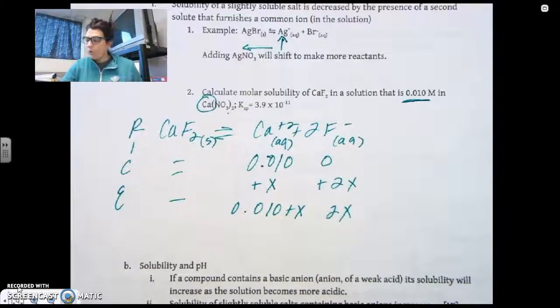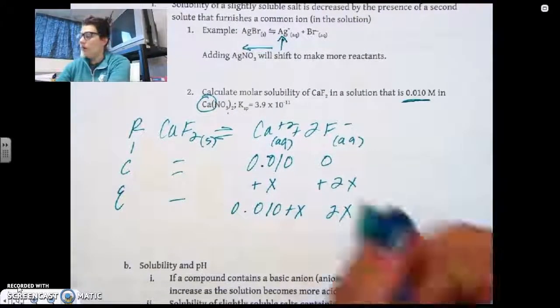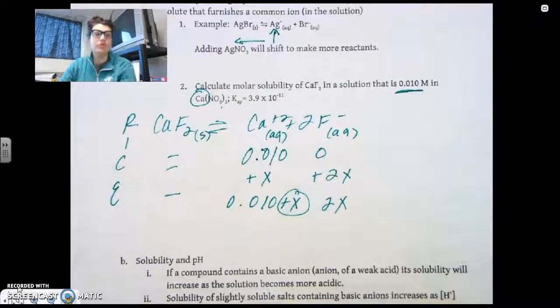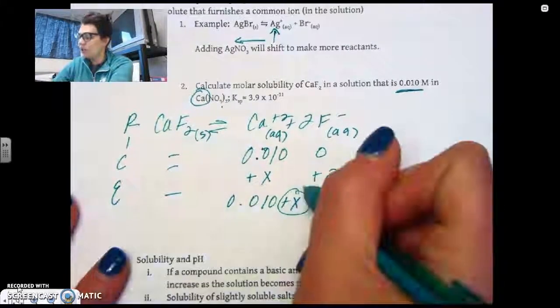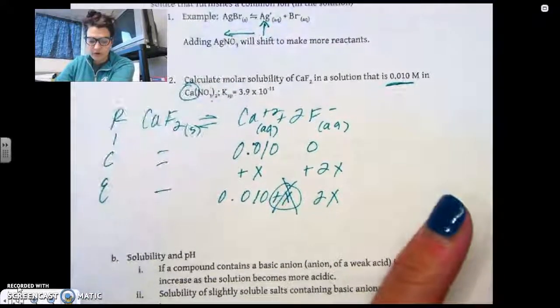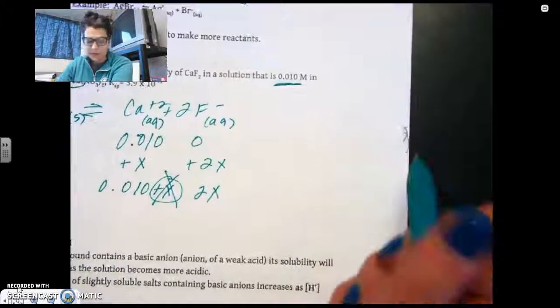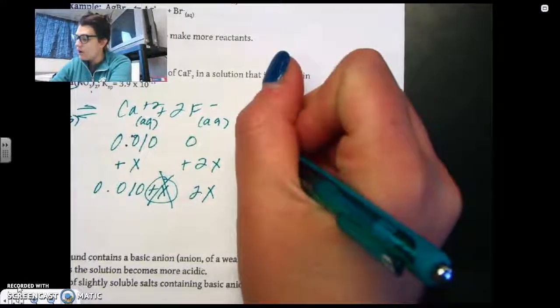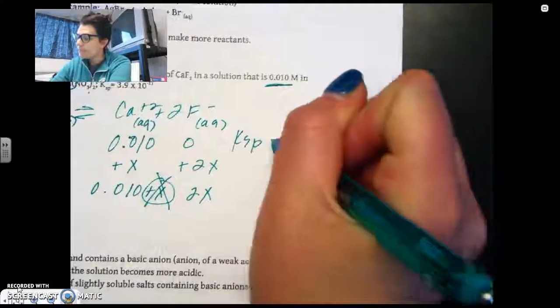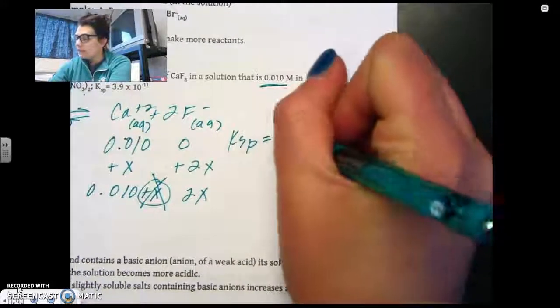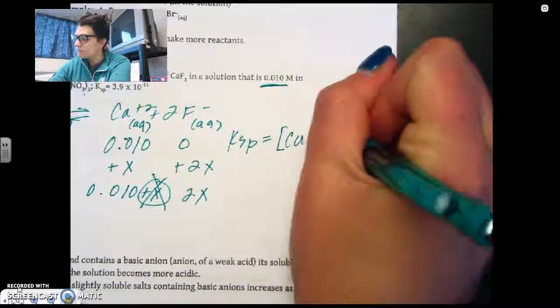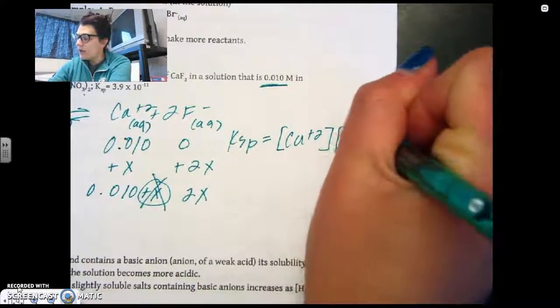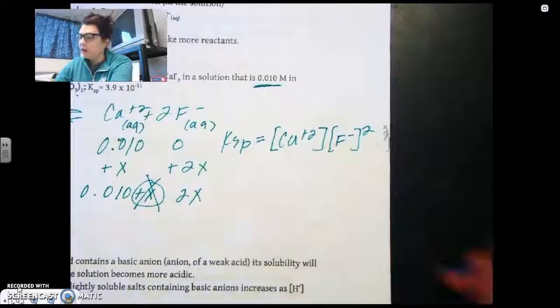Just like we've done before, this x is going to be too small to contribute to the change in concentration, so we can ignore it when we solve, and then we can set up our equation. So our KSP is equal to the calcium ion times the fluorine ion squared.